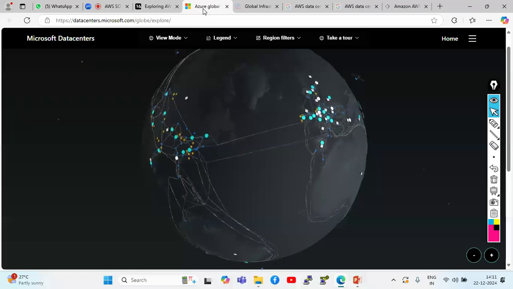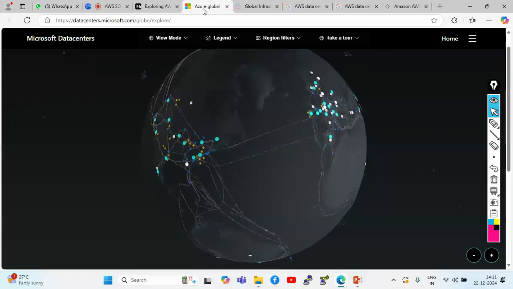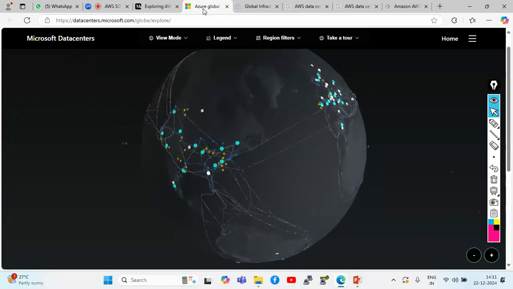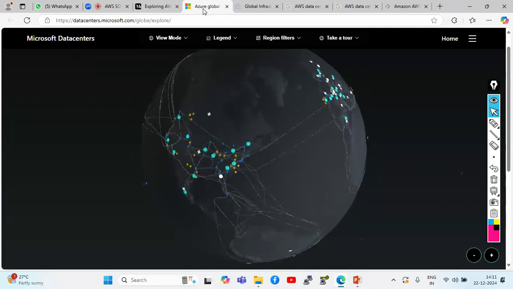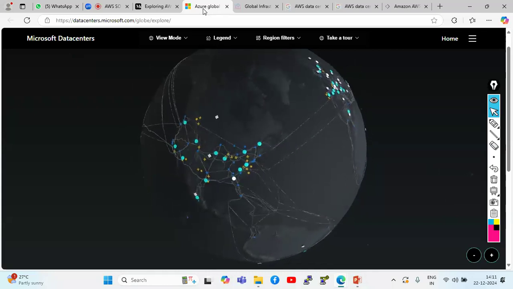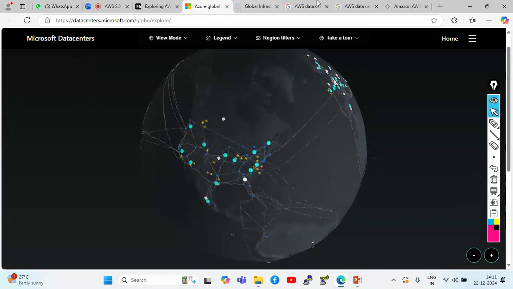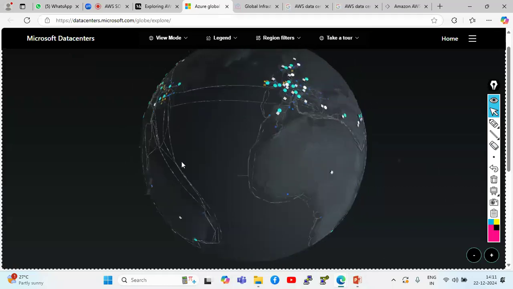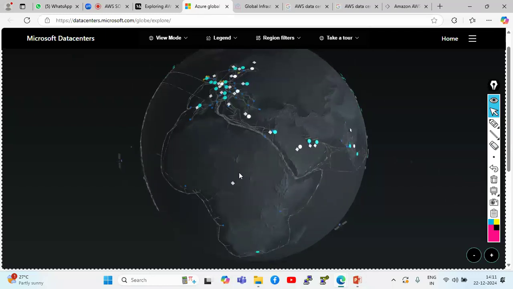Earlier, even Amazon used to give this kind of information, but unfortunately they stopped it, for some security reasons I think. AWS has a similar setup. Whatever lights you're seeing here are the Azure data centers. Similarly, the AWS data center map was available for us to view, but now it is not there.